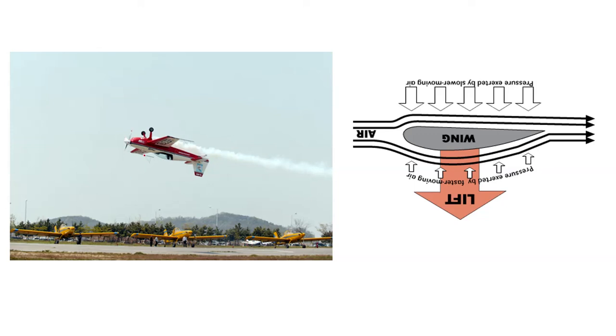So now we have a downward force from the wings and a downward force from gravity. That tells me that the net force is down, which means that the airplane should be falling. Well, that doesn't actually happen. If you've never seen an airplane fly upside down, there are lots of videos that show it does work. So the only explanation then is that by itself, this can't be the only thing that's happening.